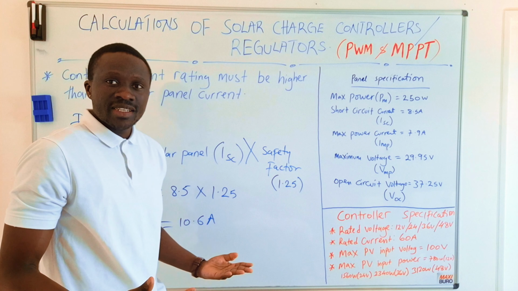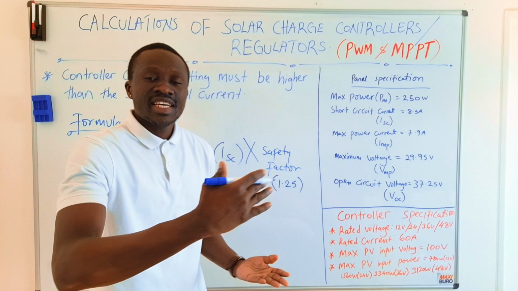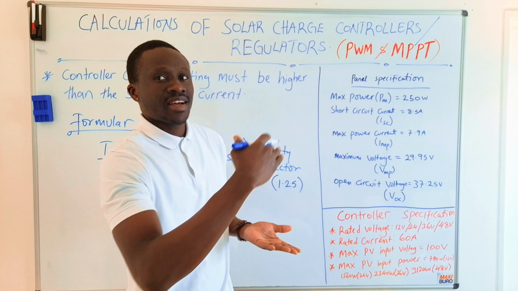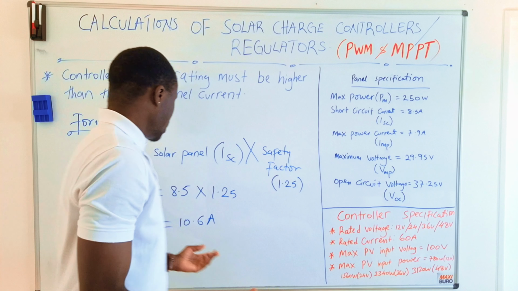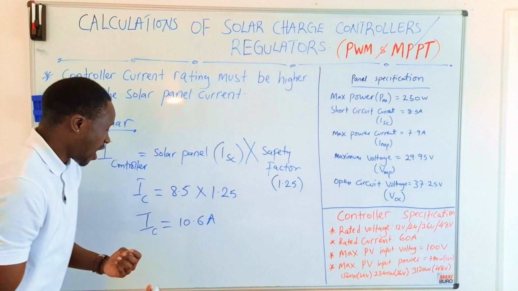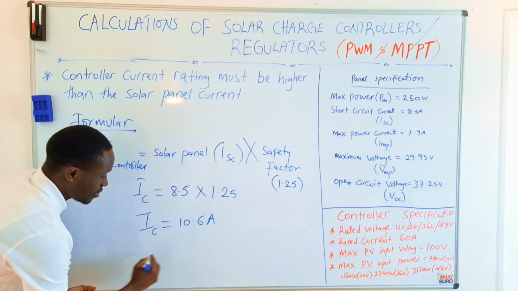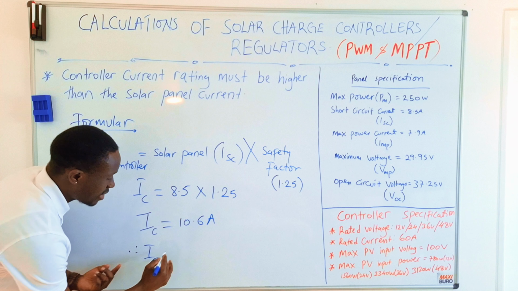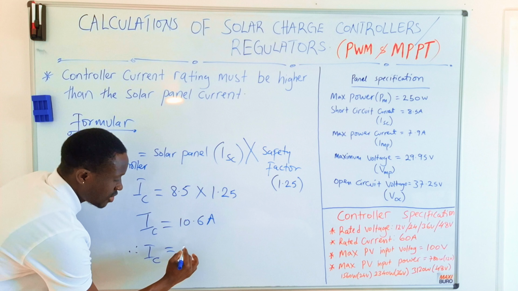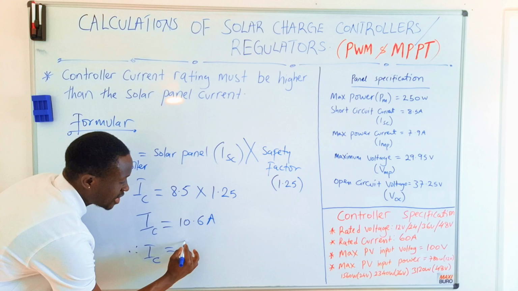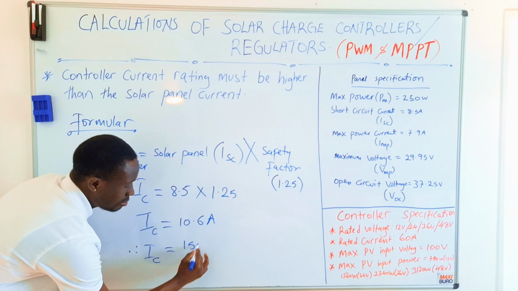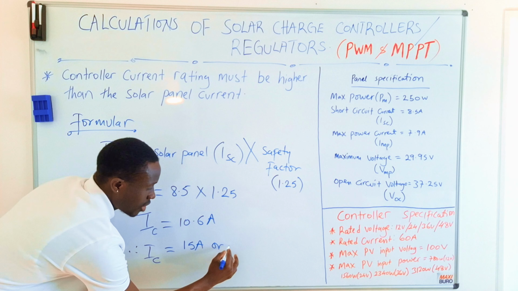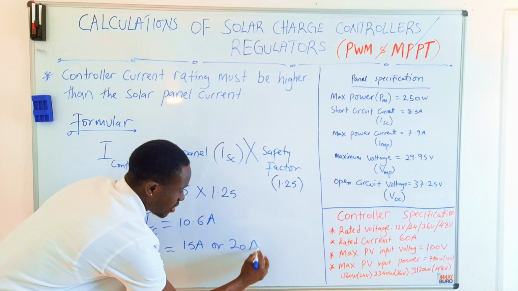But technically, you need to increase to the nearest current amps, therefore, for the controller current, I'll use a 15 amps or a 20 amps.